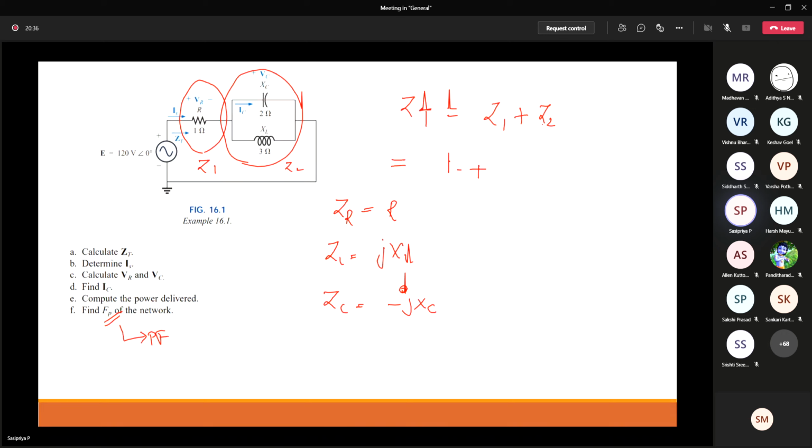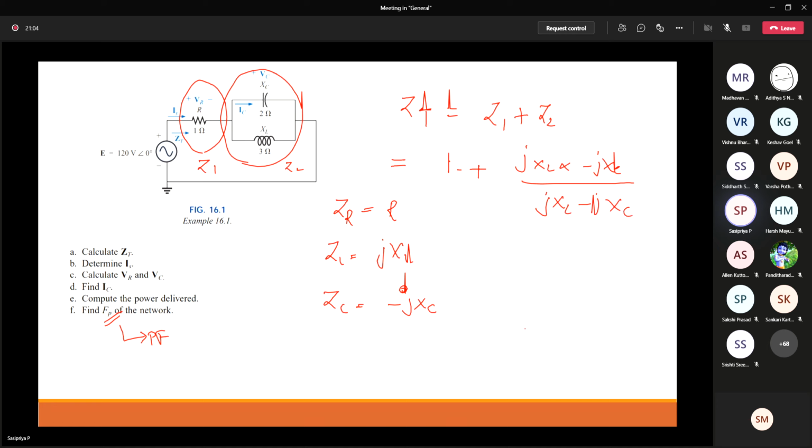So as usual, R1 R2 divided by R1 plus R2, or I can do 1 by R1 as the total, so in that case it will be 1 by Z2. So I can do it this way: JXL into minus JXC divided by JXL minus JXC.